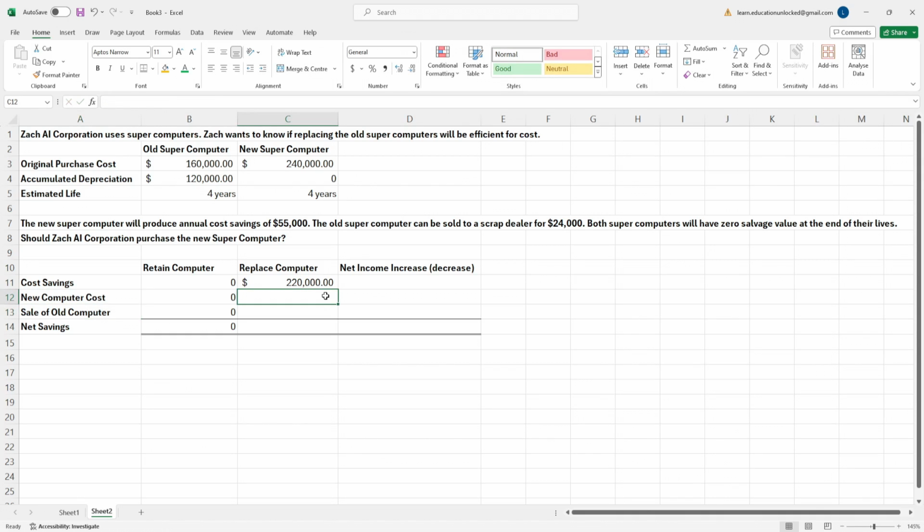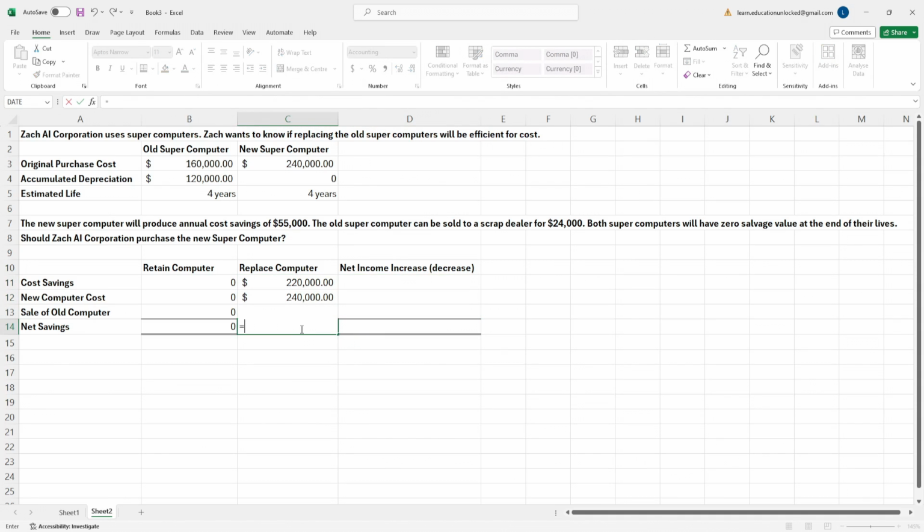And so the new computer cost that's given to us in the question is 240,000. And then the sale of the old computer. You can see here, the old supercomputer can be sold to a scrap dealer for 24,000. And once again, I'll put this in dollars.